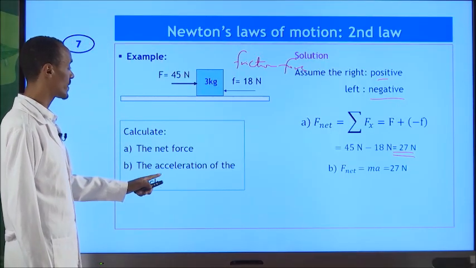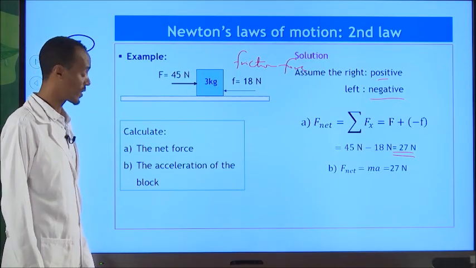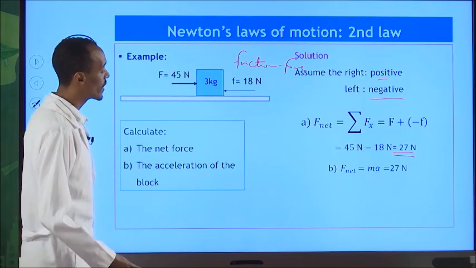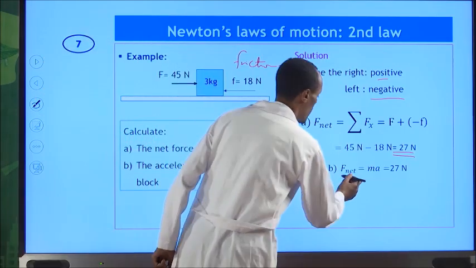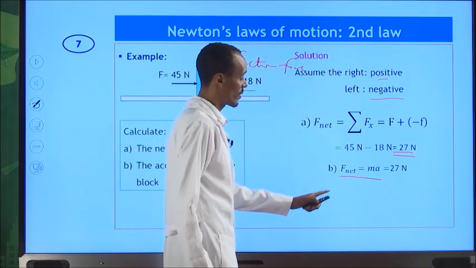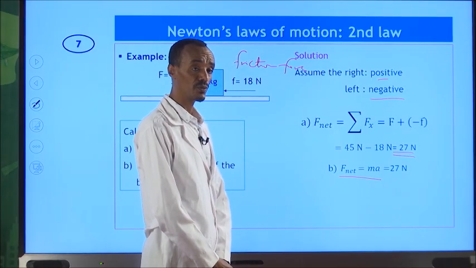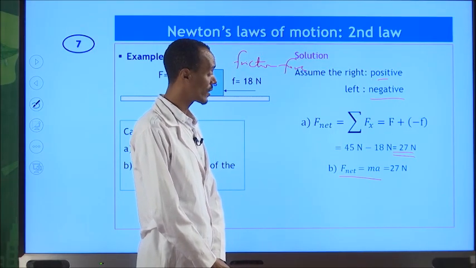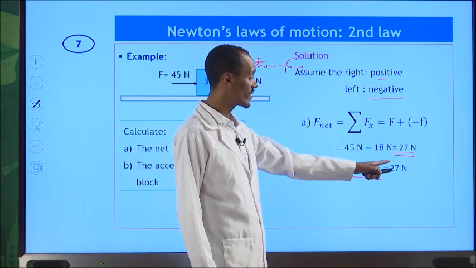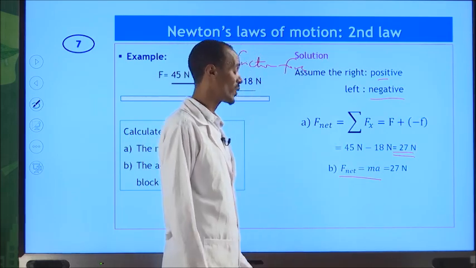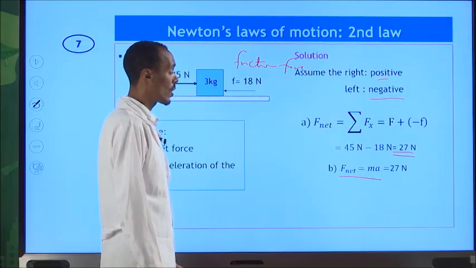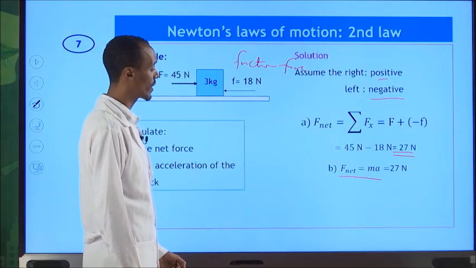The second one is the acceleration of the body. Acceleration, as we remember, can be written by using this formula. From Newton's second law of motion, the net force is equal to the product of mass and acceleration, and we have already calculated the net force, which is 27 Newton or kilogram meter per second squared.